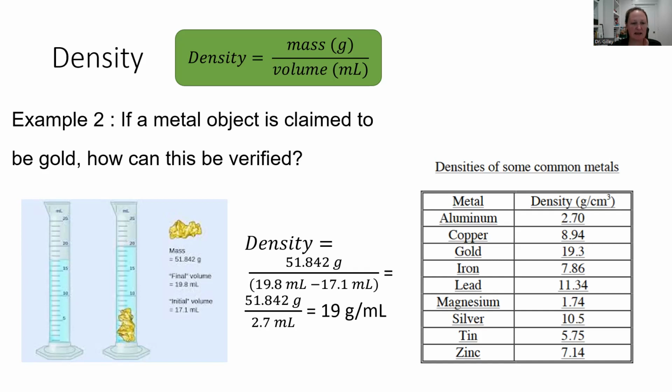And then if we set up our calculation where density is equal to the mass of the object over the final volume minus the initial volume, we'll end up with 19 grams per milliliter, which again, noting that that's really the same thing as cubic centimeters. So it does look like this metal object is indeed gold.